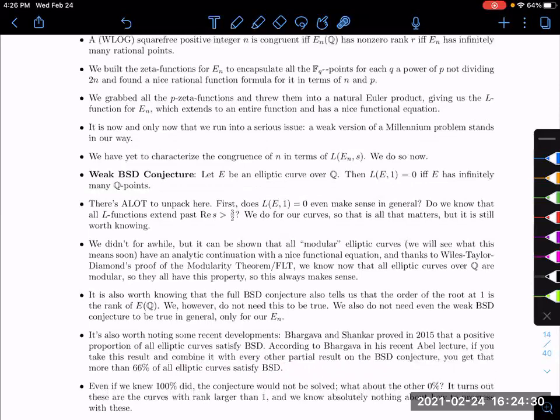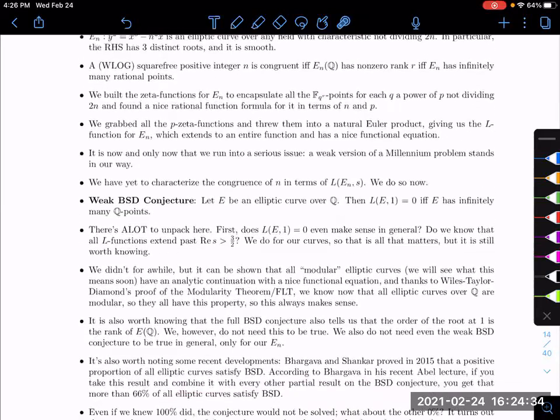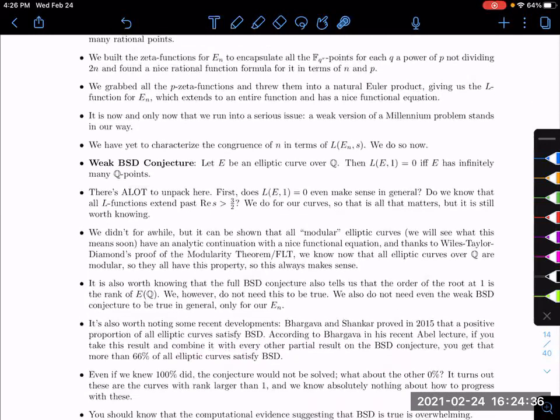But then he made a joke, and I'm going to make the same joke. It's a $1 million problem, the BSD conjecture. He made the joke that no, he does not win $660,000. And I'm going to repeat that joke right now because it's funny.